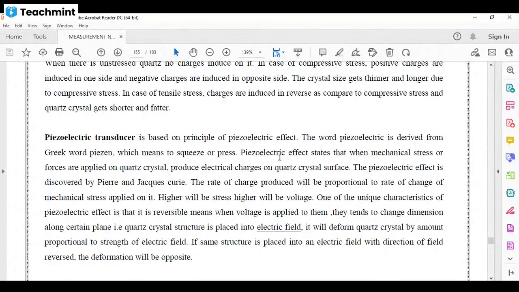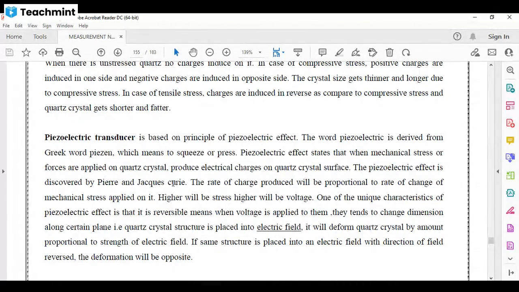And the piezoelectric effect states that when mechanical stress or force is applied on the quartz crystal, it produces an electrical charge on the quartz crystal surface. And the piezoelectric effect was discovered by Pierre and Jacques Curie.